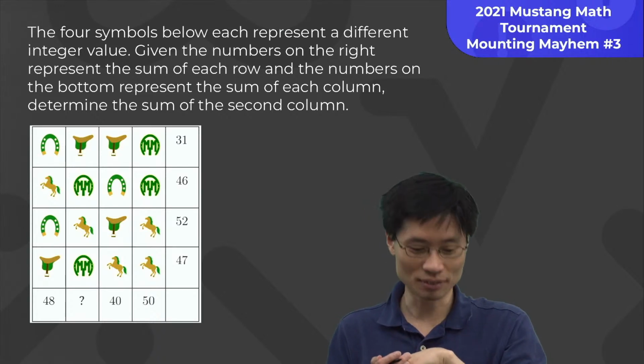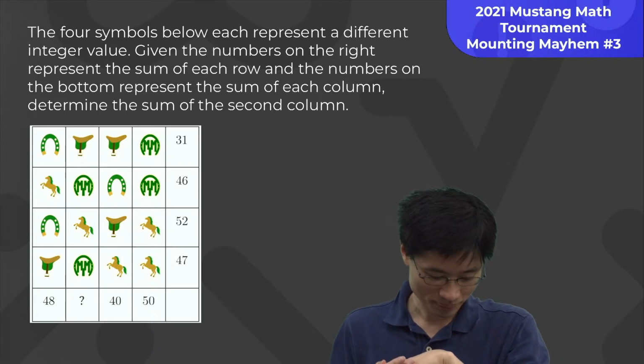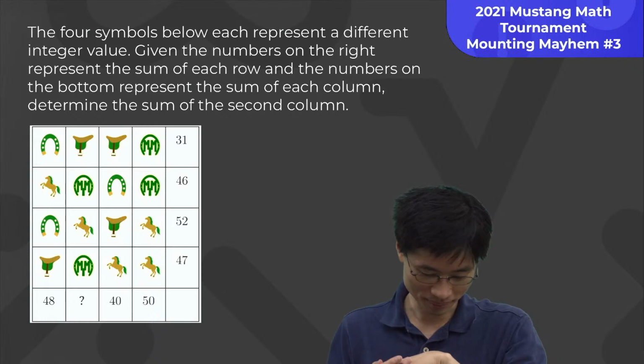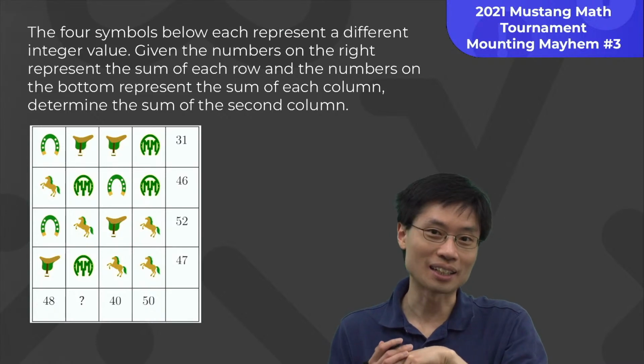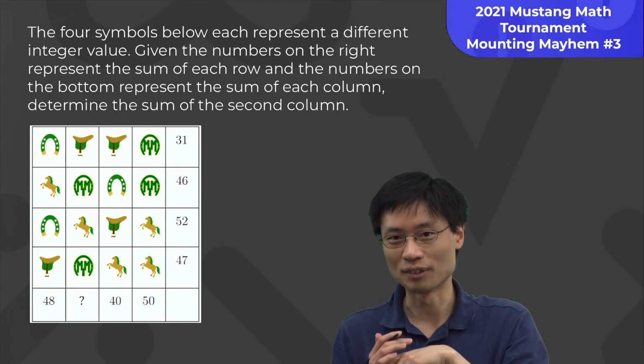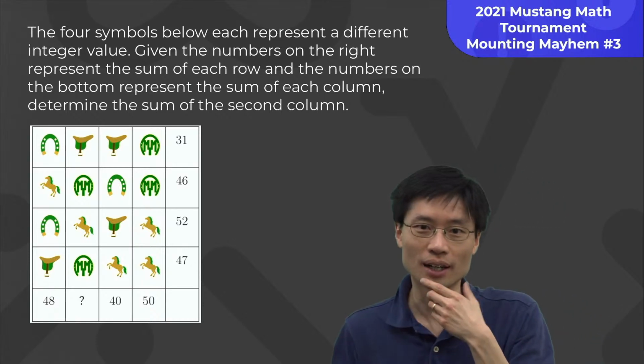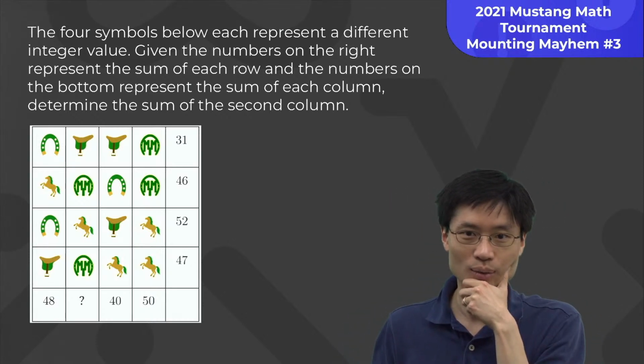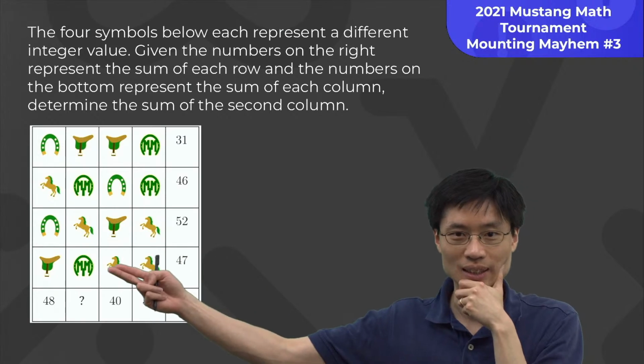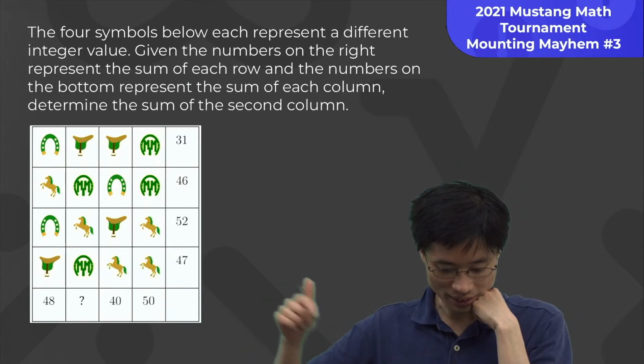Okay, so these are all different integer values, huh? At first I wondered if there's something nice, like I can just say there are 4 of each thing, but there aren't 4 of each thing. There are 4 of these logos and 4 saddles.